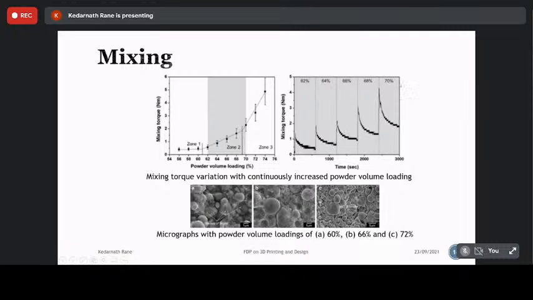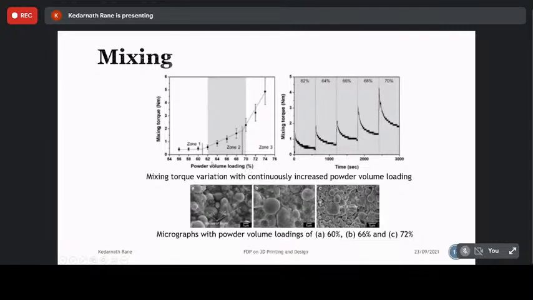When it comes to the micrographs of different volume loadings of the powder, at a scientific level you can term it as volume loading, but at the shop floor level, people use a weighing balance to measure the powders, and they usually use powder loading by weight.